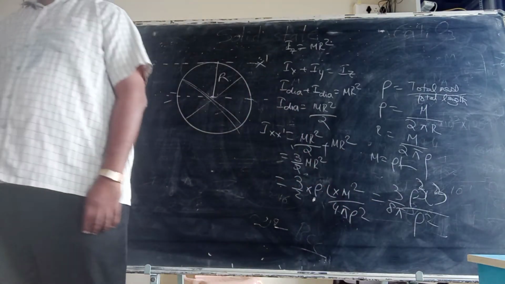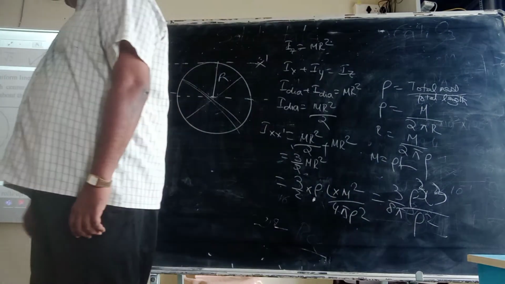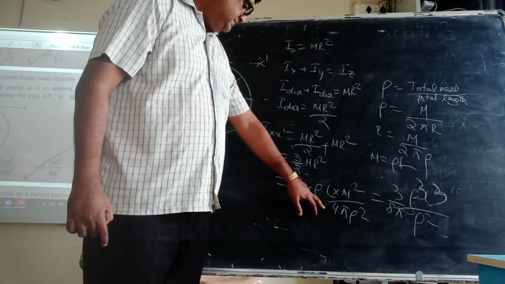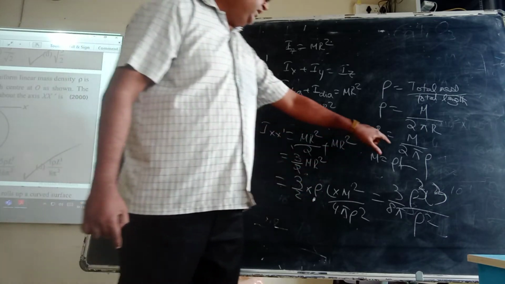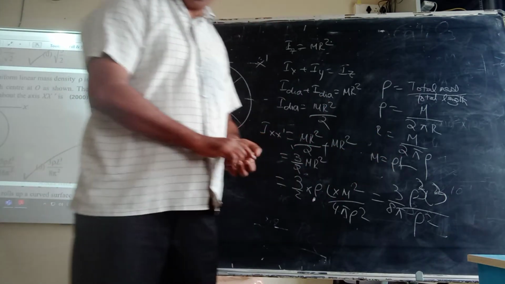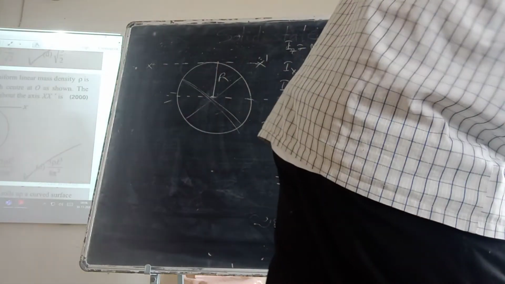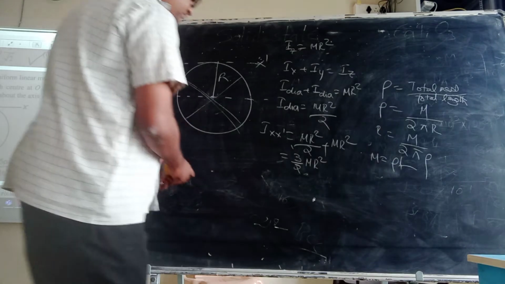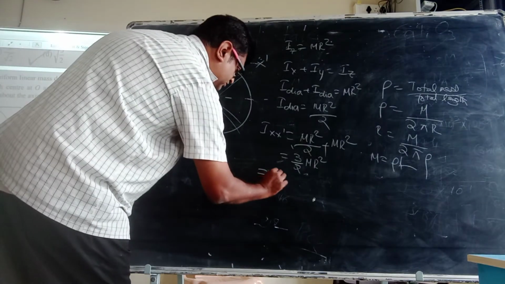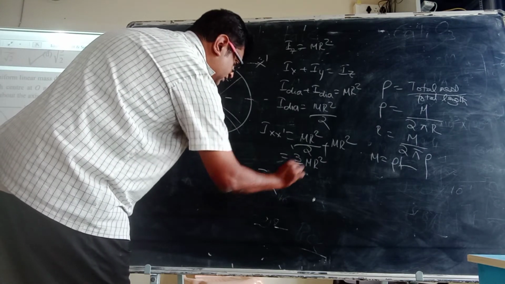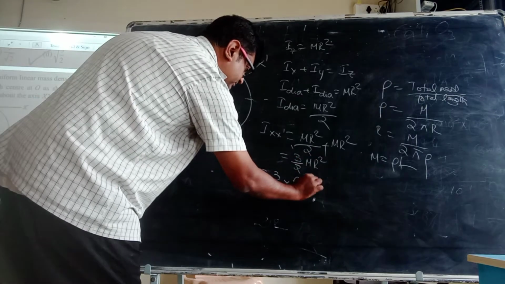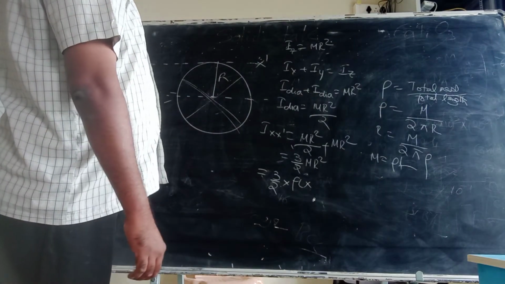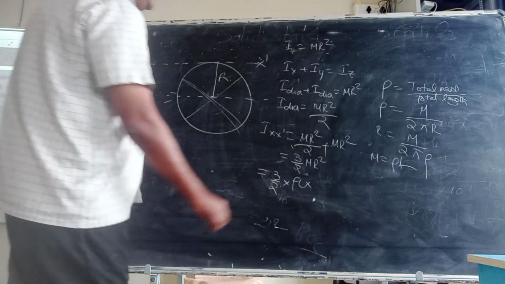Option D. 3 upon 8 pi square he is getting. Huh? R square. See, in the R square also I am getting pi square. Maybe some small calculation mistake happening. Let us do it again. See, 3 by 2. This is rho L and R square, let us simplify. R square is how much?